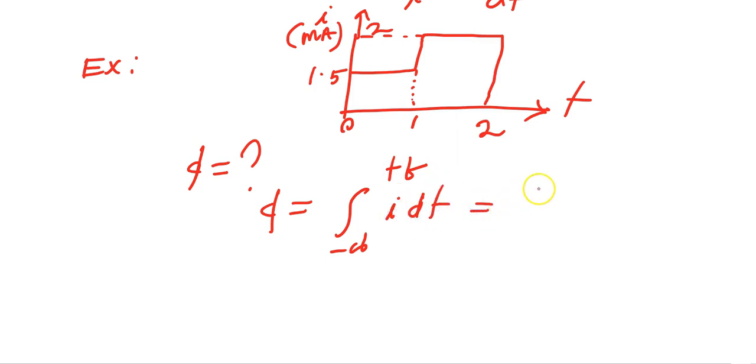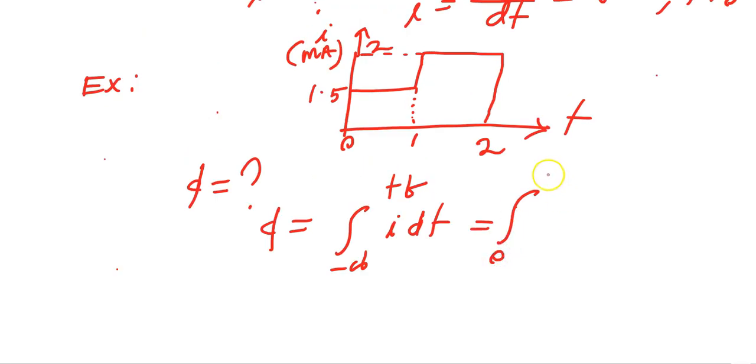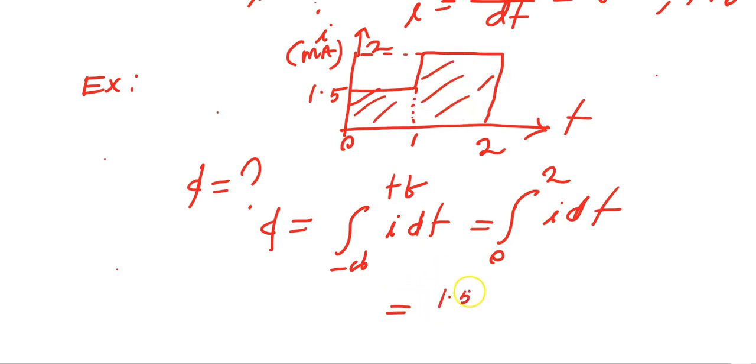So here, 0 to 2, i dt. If you do the integration it is okay, but you can see that this is the area needed, that is 1.5 into 1 plus 2 into 1, that is 3.5 millicoulomb. Clear?